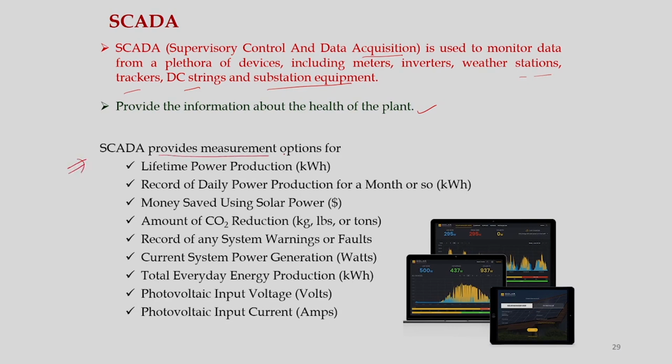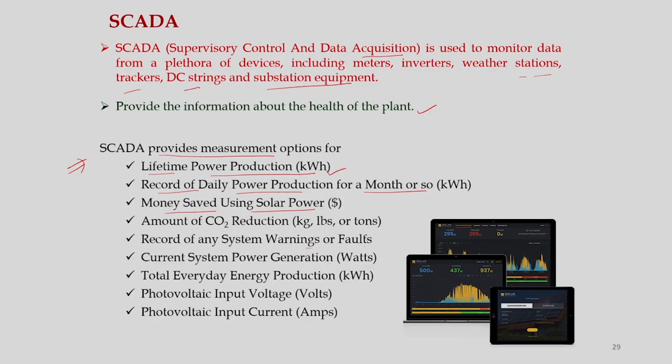this SCADA provides measurement options for lifetime power production. So, this will be in kilowatt hour, a record of daily power production for a month or so, and money saved using solar power, then the amount of carbon dioxide reduction, then a record of any system warning or fault.